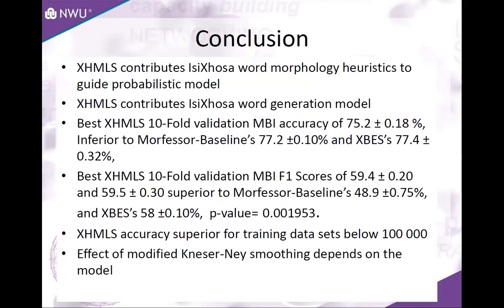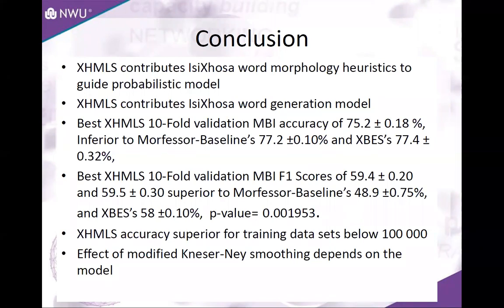Our conclusions are that we believe that our work is contributing to the unsupervised word segmentation work. We contribute these models, and we provide a system that provides superior F1 scores to what we've done so far.